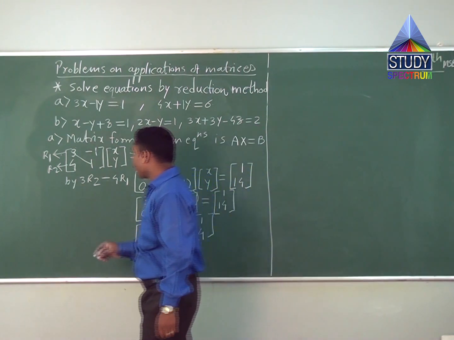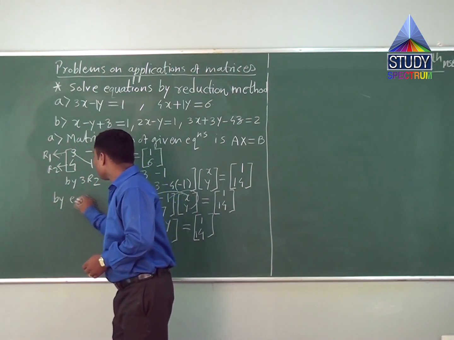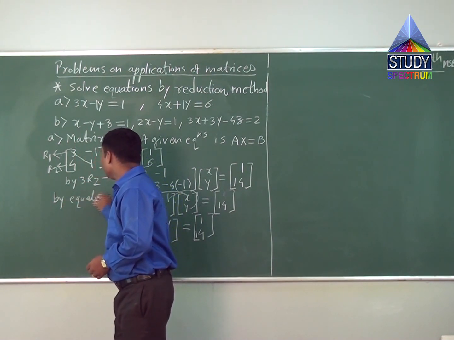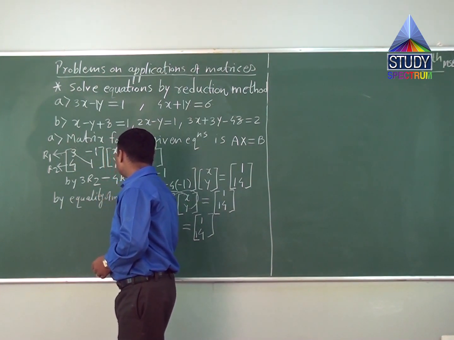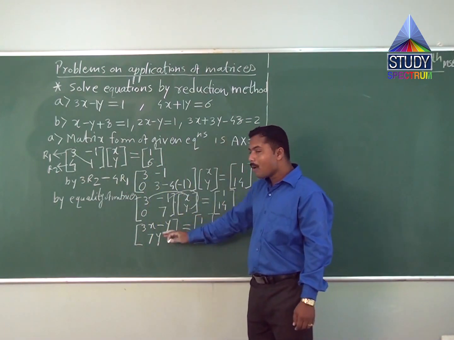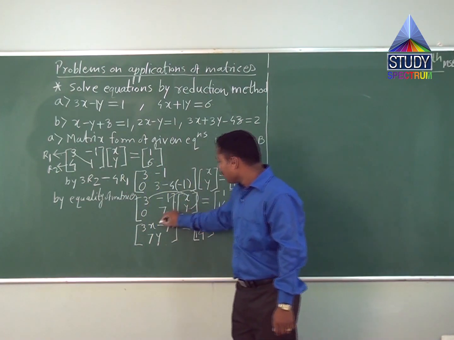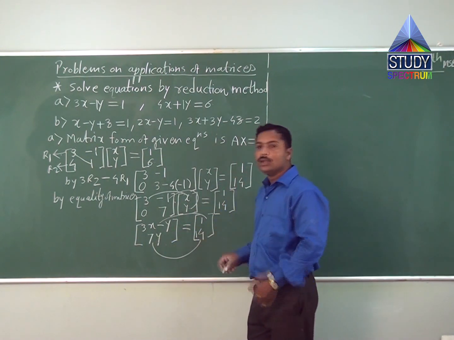By equality of matrices, if the two matrices are equal, then place to place this number equals this number, and this number equals this number.